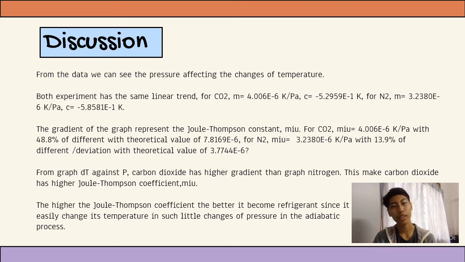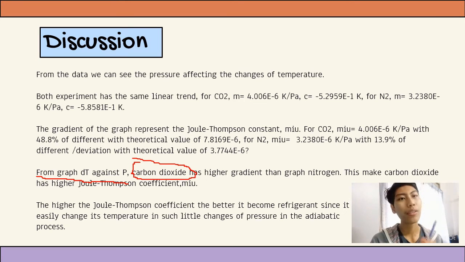From the data, we can see the pressure affecting the changes of temperature. From the graph of temperature difference against pressure, we can see that the gradient of the carbon dioxide is 4.006 exponent -6, while the intercept on the y-axis, C, is equal to -5.2959 exponent -1.